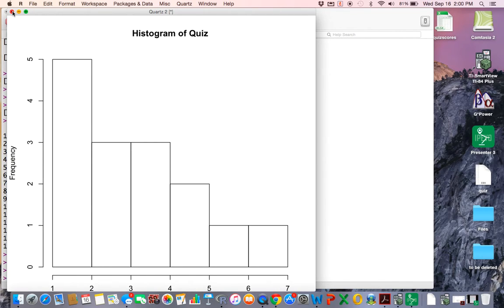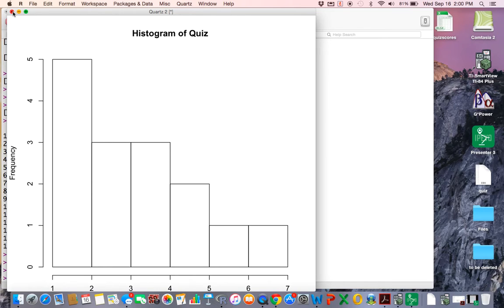Now that may be an issue if we were getting into some sort of regression analysis. It looks like to me that the normality assumption may be violated, but more about that in just a second. We really don't concern ourselves as much with the normality assumption for the variable quiz.